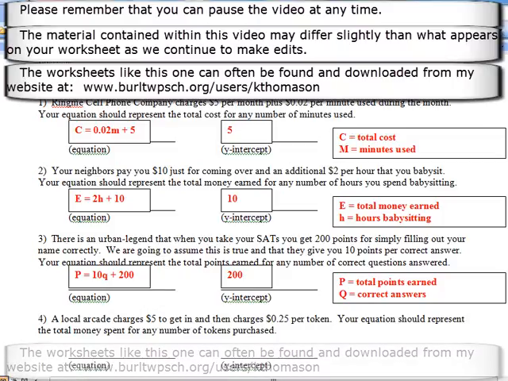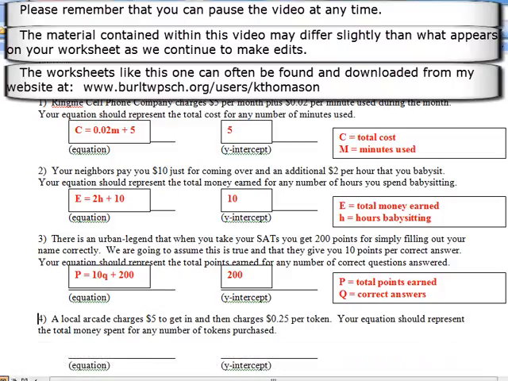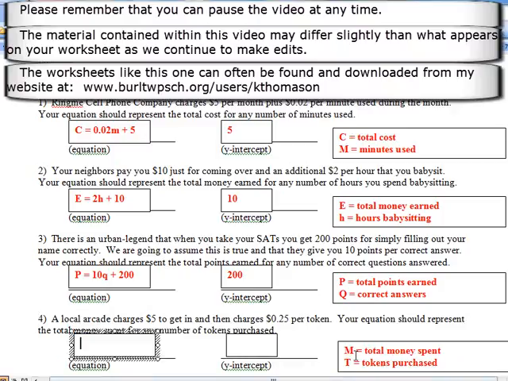Alright, number 4 reads, a local arcade charges $5 to get in and then charges 25 cents per token. Your equation should represent the total money spent for any number of tokens purchased. So I'm going to let M stand for total money spent and T stand for tokens purchased.